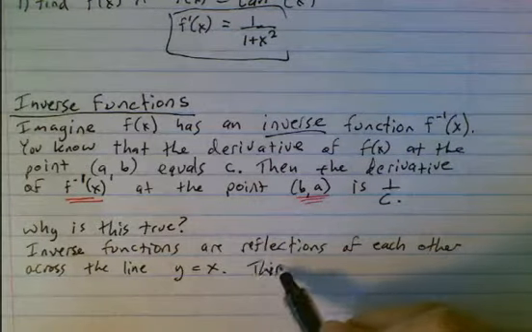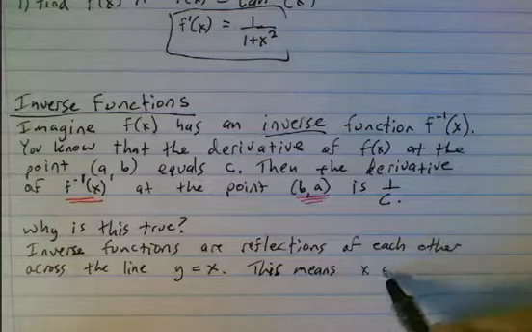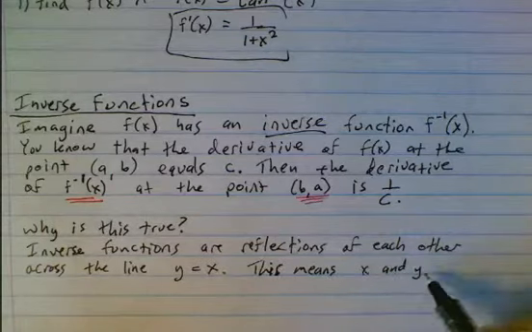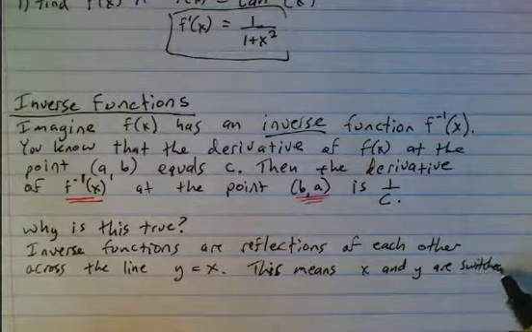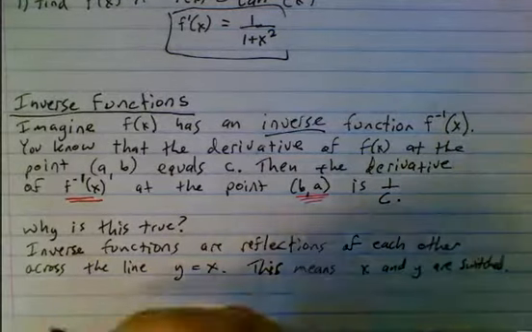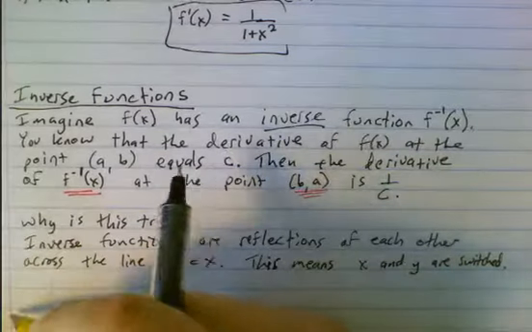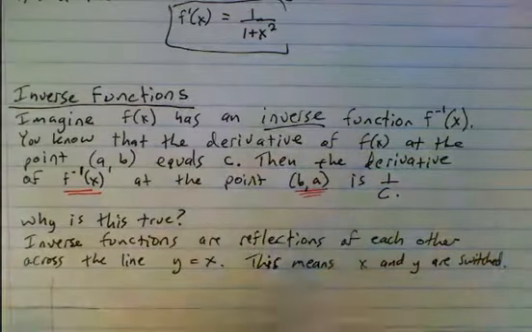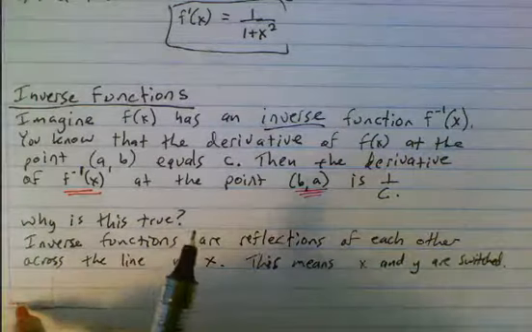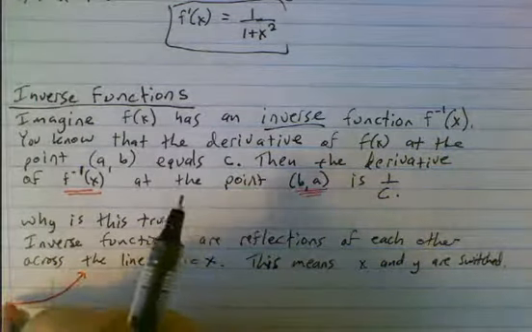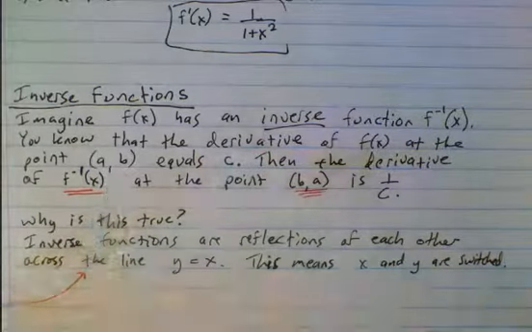This means x and y are switched. So, for example, if we have our axes right here, let's say we've got one function. This is y equals 2x.